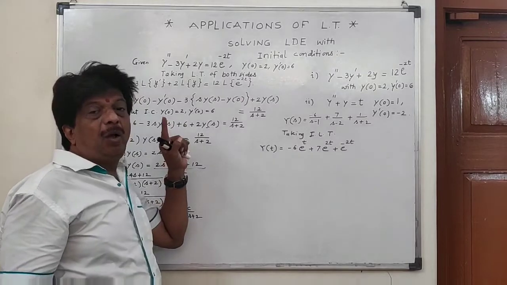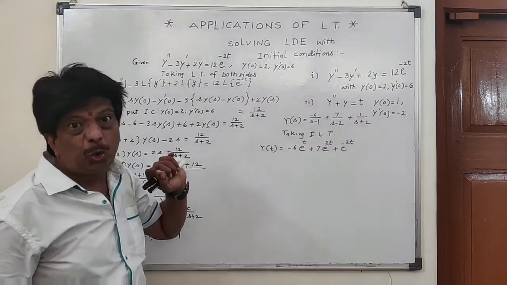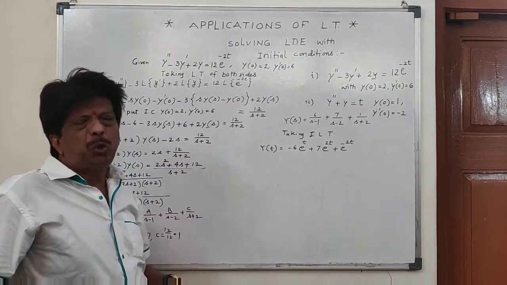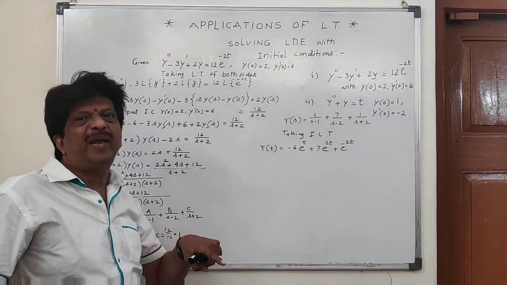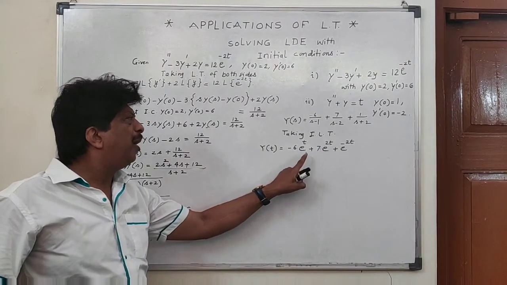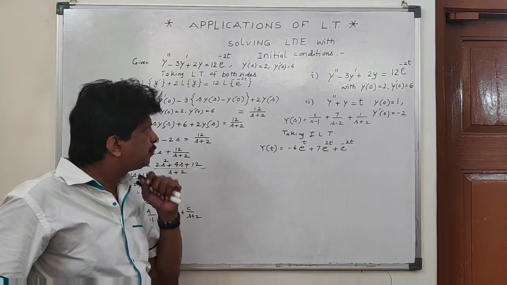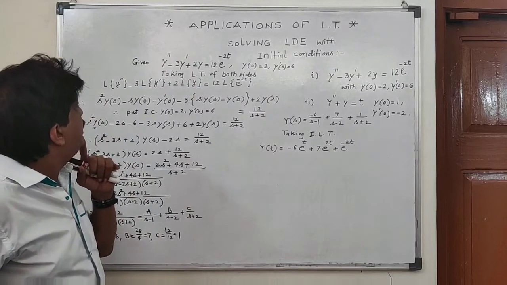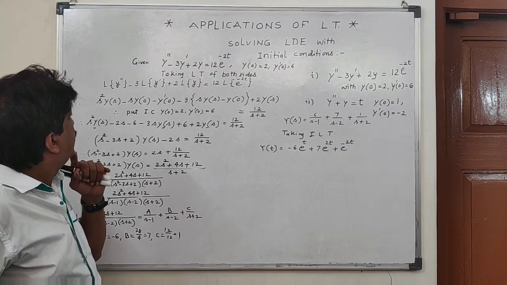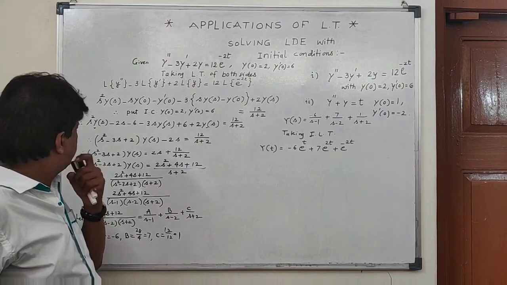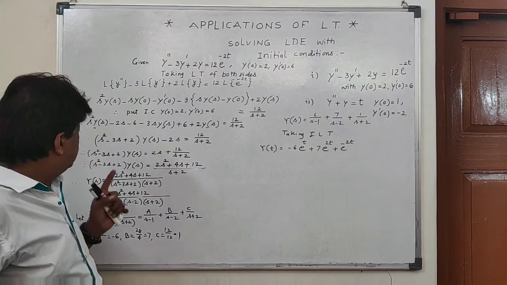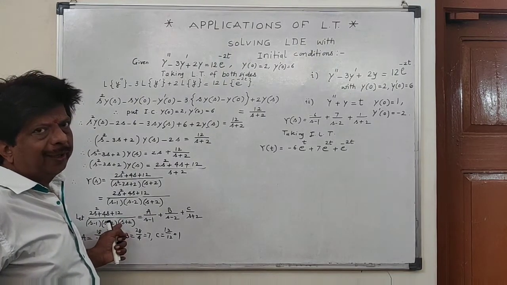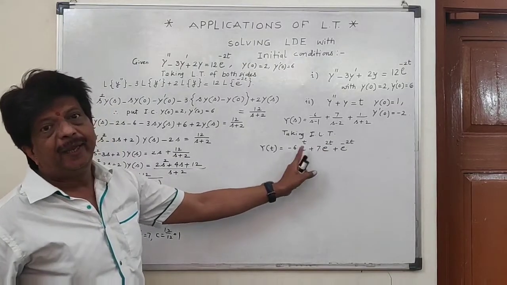Its auxiliary equation was D square minus 3D plus 2, whose roots are 1 and 2. The complementary function consists of e to the power t and e to the power 2t. This constitutes the complementary function.